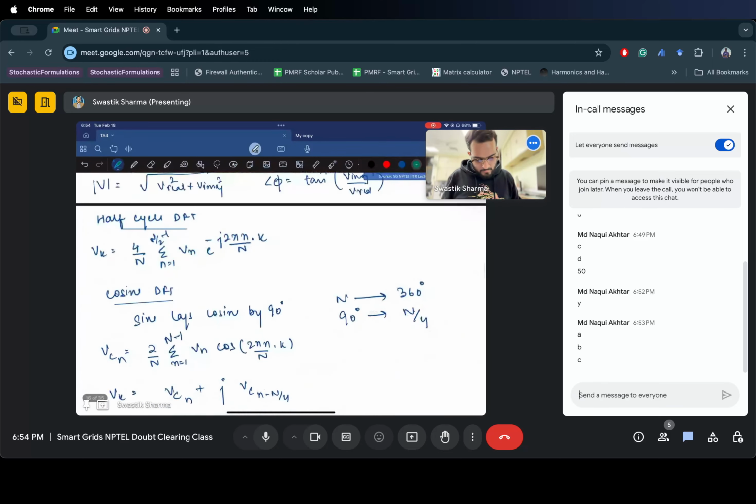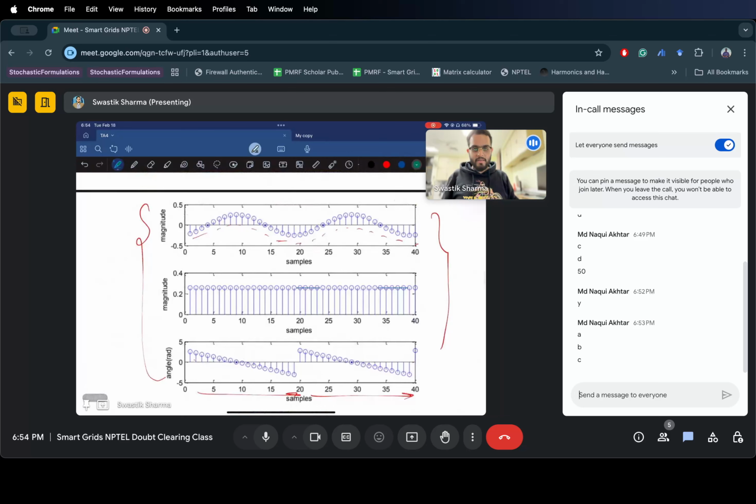When you decompose this into samples and apply DFT, you get a magnitude and a phase angle. This magnitude is generally the RMS value. Let's say, for example, this is the peak value of the waveform. It gives you the Xm by root 2 value when you decompose it.